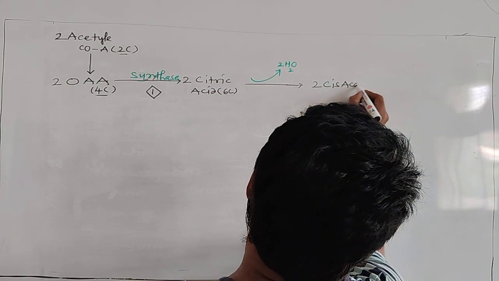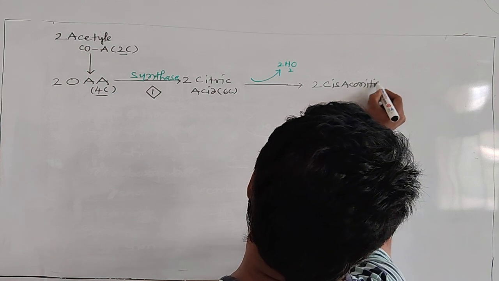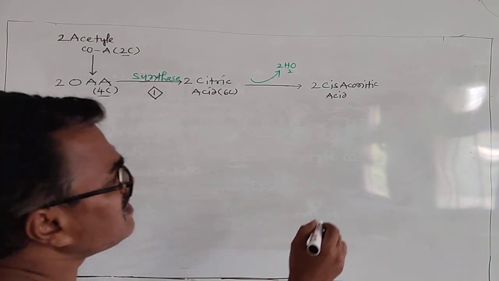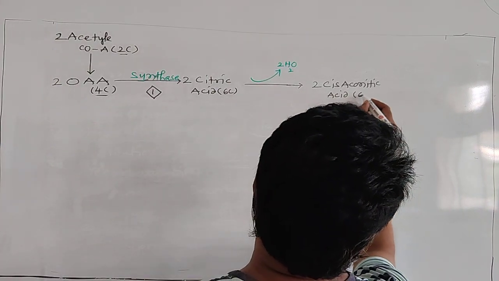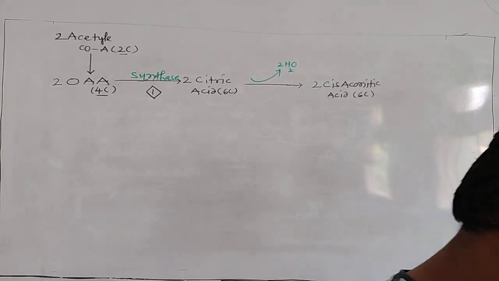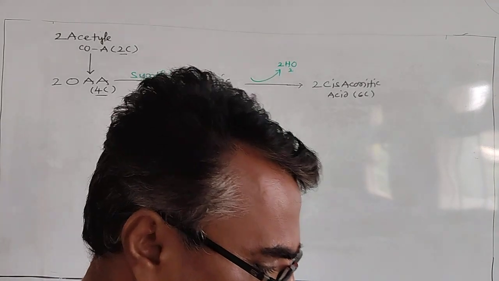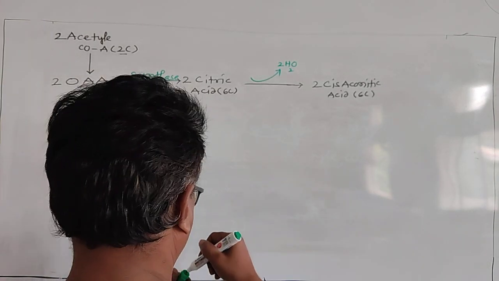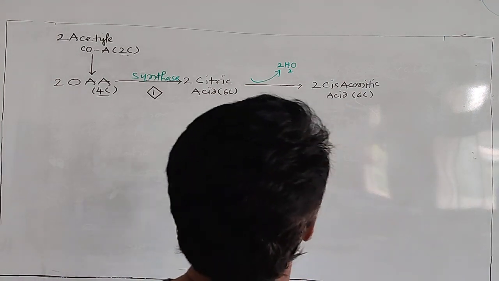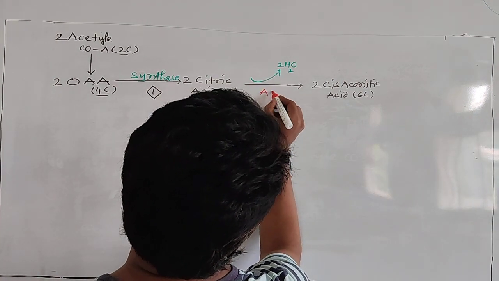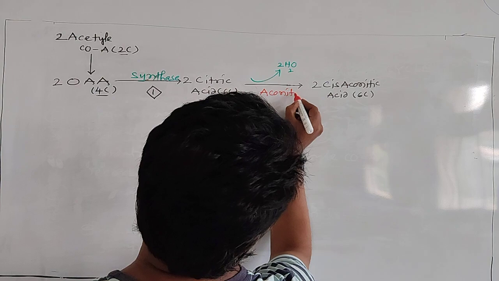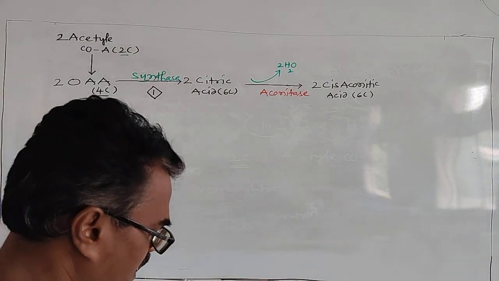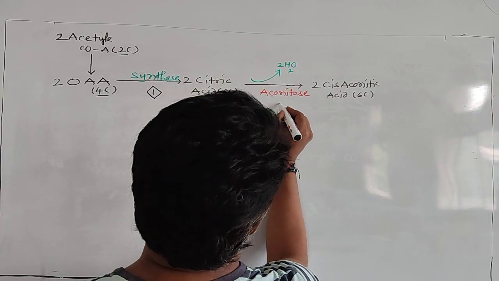This cis-aconitic acid is also a 6 carbon compound. Here one enzyme is required, that is aconitase. The aconitase enzyme is required here.